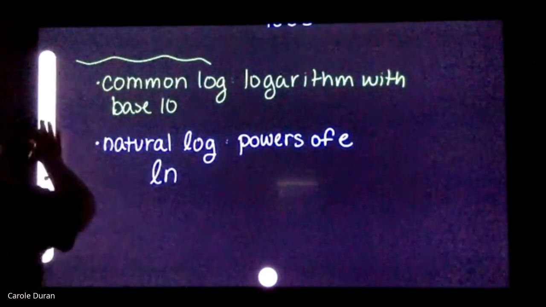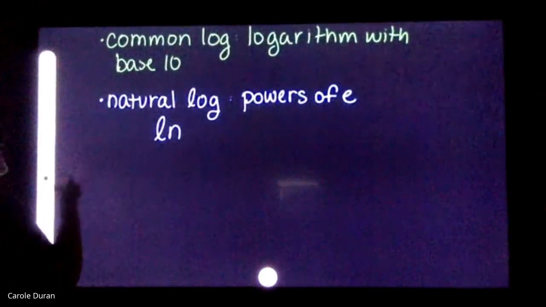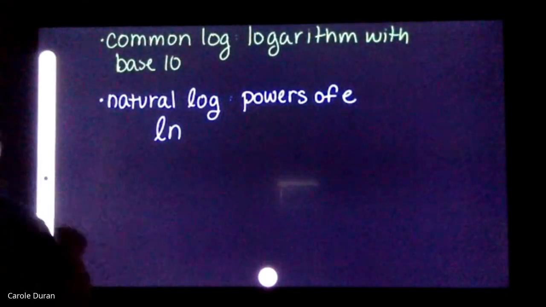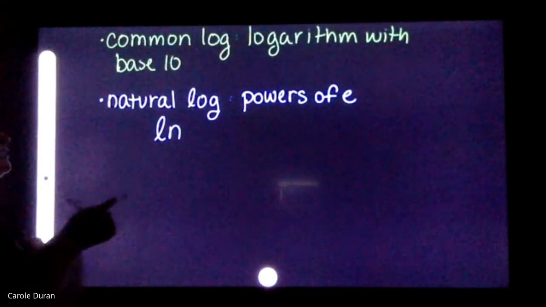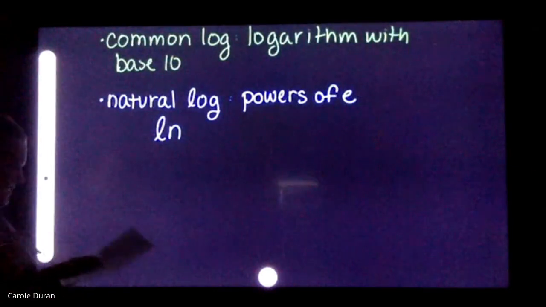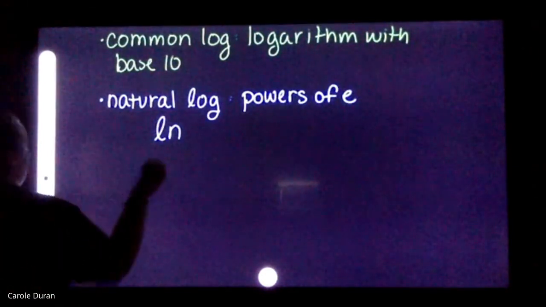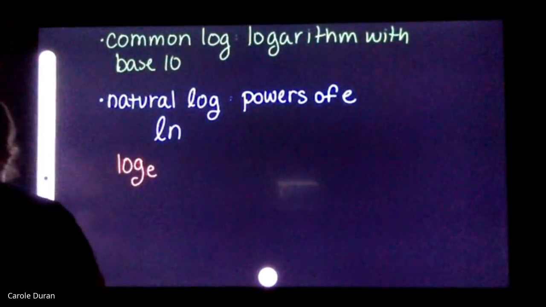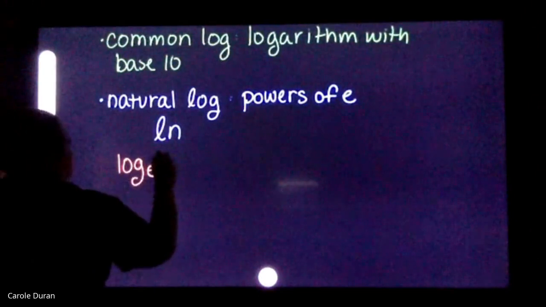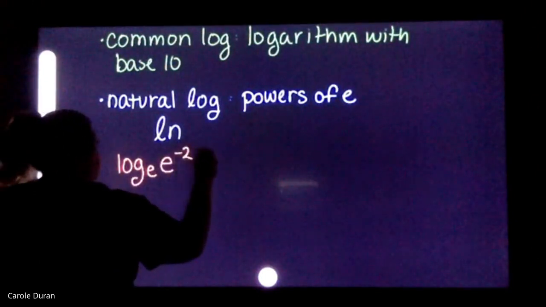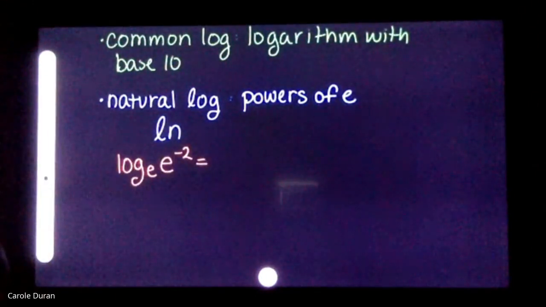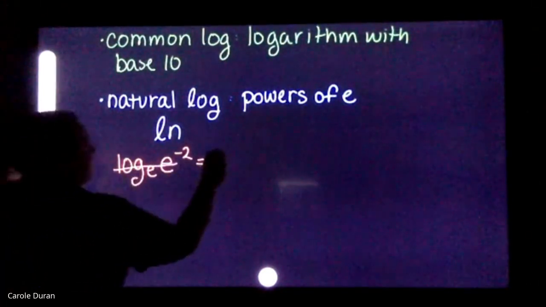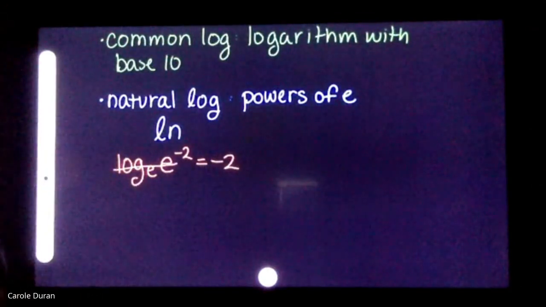So what I mean when I say powers of e is just a number, but it's a constant. It's like 2.7 something. It's a base, though, that negates a base 10 that's happening, or a base e that's happening. So if I have a logarithm that is base e, and I'm taking it to e to the 2nd power, these e's are going to cancel each other out, and my answer is just going to be whatever that exponent was.